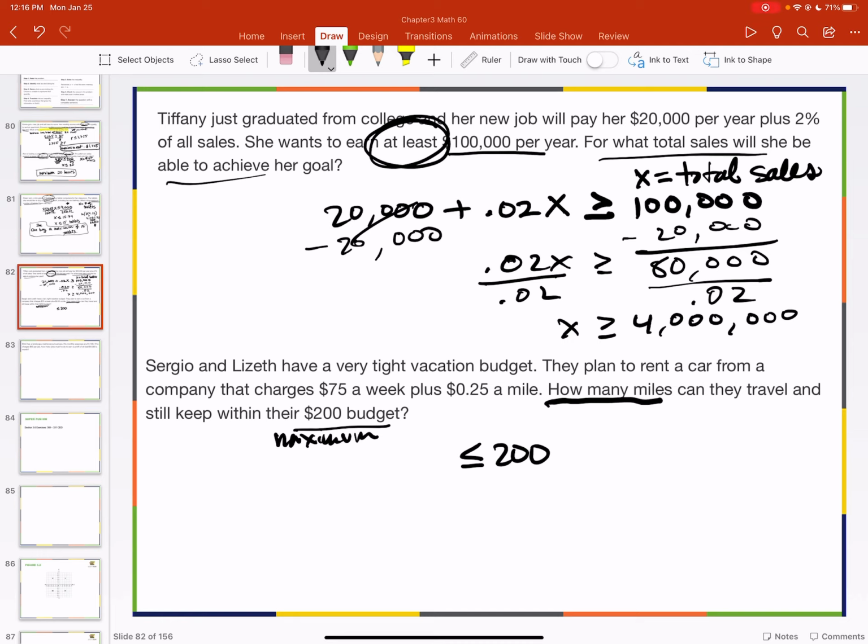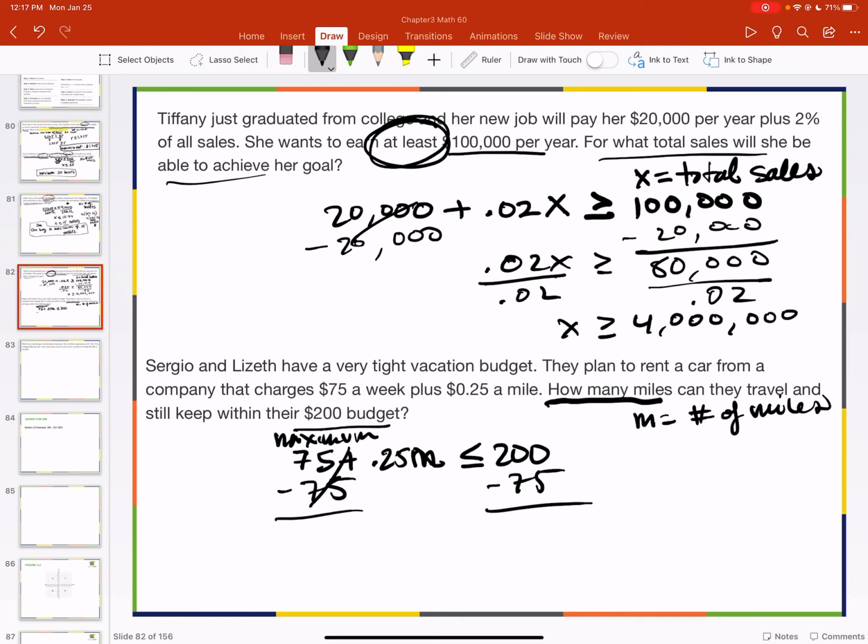So we're going to let M be the number of miles. Okay. And then it's $75 a week plus 25 cents a mile. So it would be 75 plus 0.25 times M, sorry, we chose M. So let's go ahead and solve for M. Okay, so we get 0.25M is going to be less than or equal to 125.